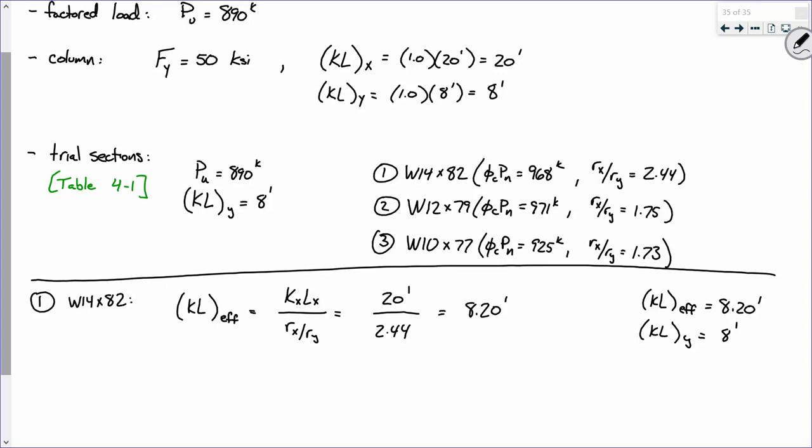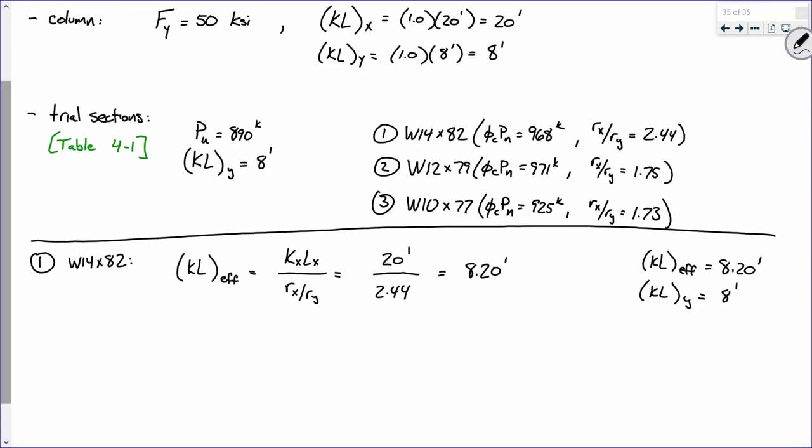If that's a little hazy, let's look at this. Let's say we've computed this value. If I want to determine the capacity, that means I need to interpolate. So I need to interpolate between a KL of 8 and a KL of 9. Sound good? So what do we have?